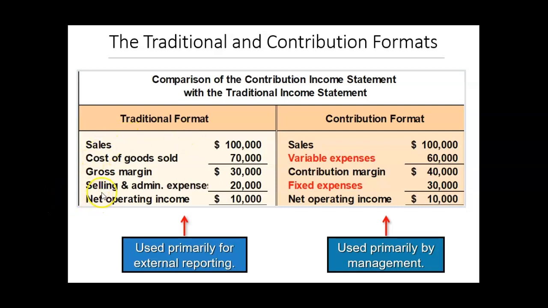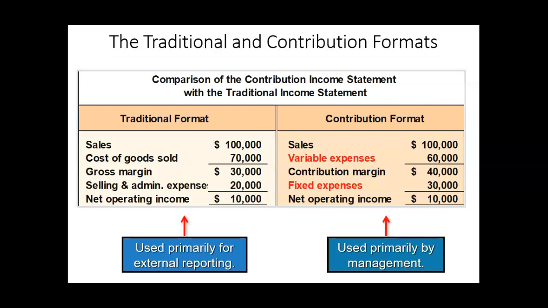We then look at those non-manufacturing costs, remember those, selling and admin expenses. Subtract those from our gross margin to determine what's called our net operating income or our profit in the amount of $10,000.